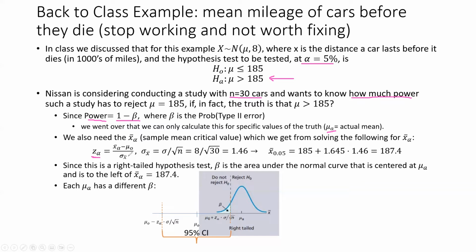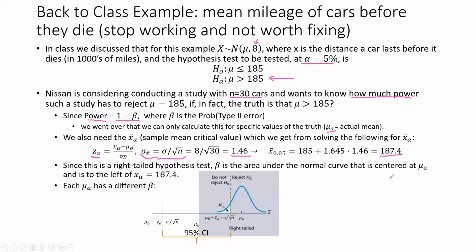So we calculate this backwards, remembering that the standard deviation of the sample mean is the standard error. And that for this example, where we assumed we knew sigma of 8, divided by the square root of the sample size of 30 gives us 1.46. And so calculating all this back, the sample mean critical value is 187.4.